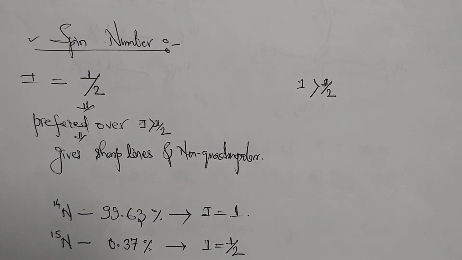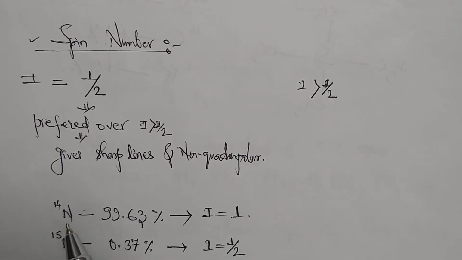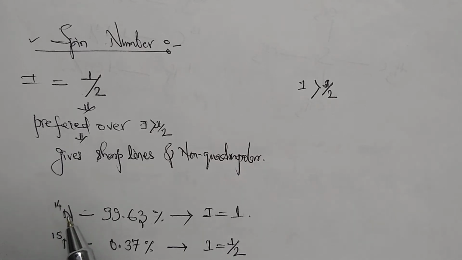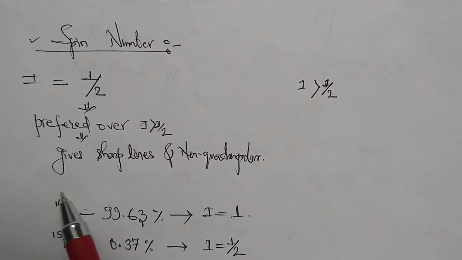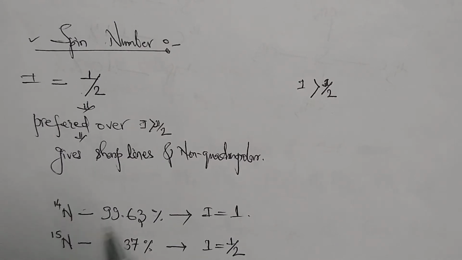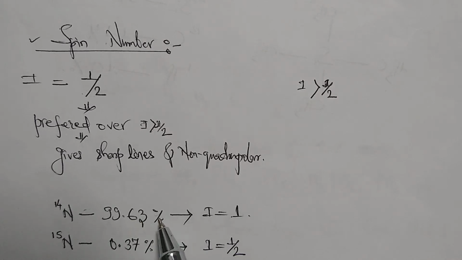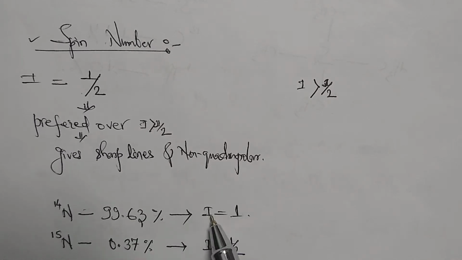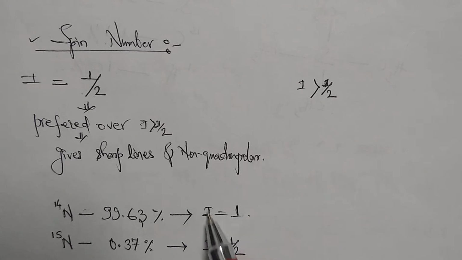Now we will take one example in the case of heteronuclear NMR. Other than proton and carbon, we will take the example of nitrogen. Nitrogen has two isotopes, 14N and 15N. In case of 14N, its natural abundance is 99.63%, which is very high, but its nuclear spin is 1, so it is quadrupolar.